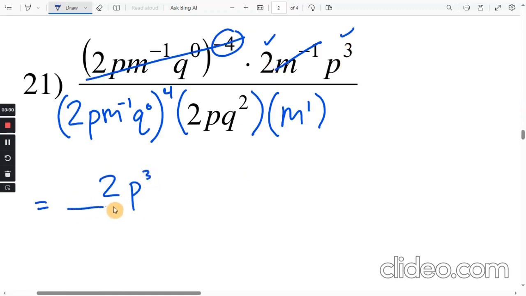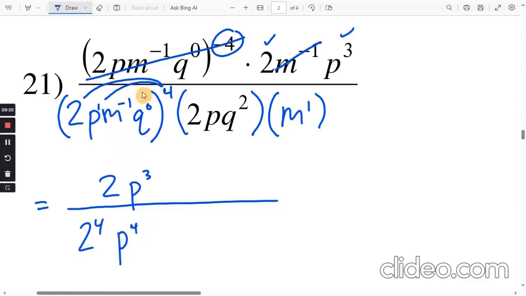And the denominator, let's see. We have to distribute this 4 to each one of these. So 4 is applied to the 2, that's 2 to the fourth. And then p, this is p to the first, so it's going to be p to the 1 times 4, that's p to the fourth. m to the negative 1 times 4 is going to be m to the negative 4.